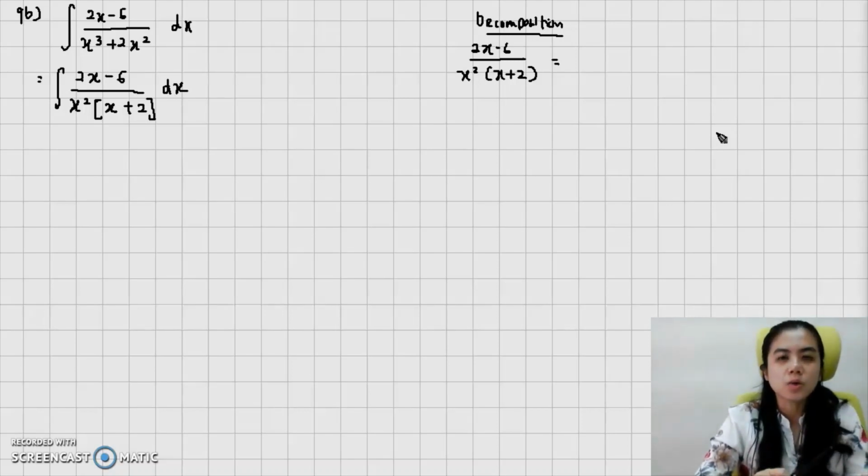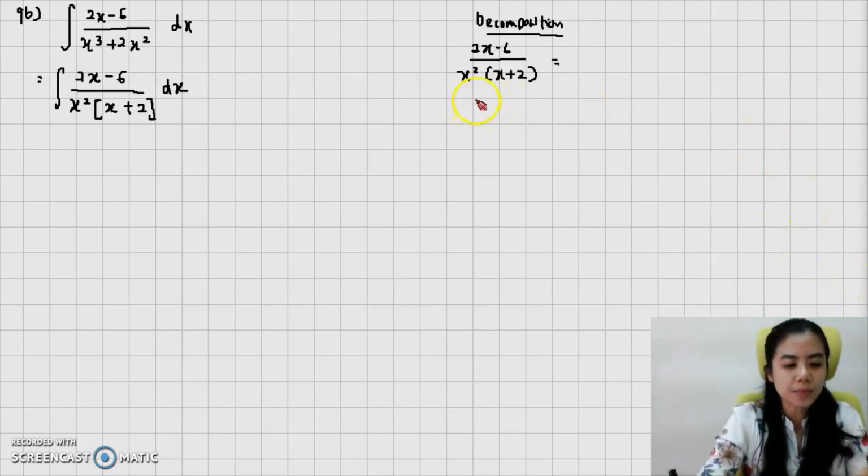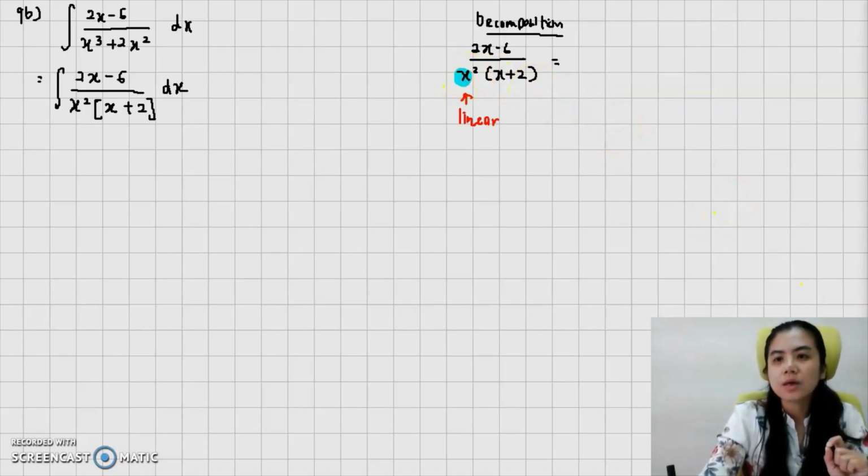You will come across option 1 and option 2, but option 1 is the better option. Option 1 is to consider the x as linear, and it has been repeated 2 times.